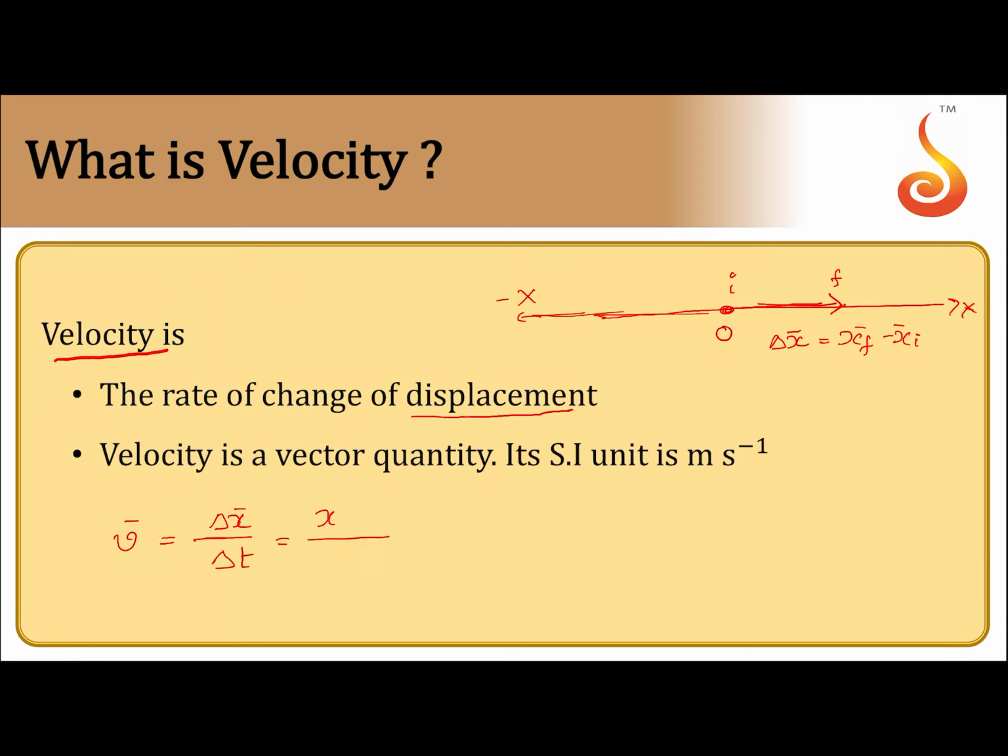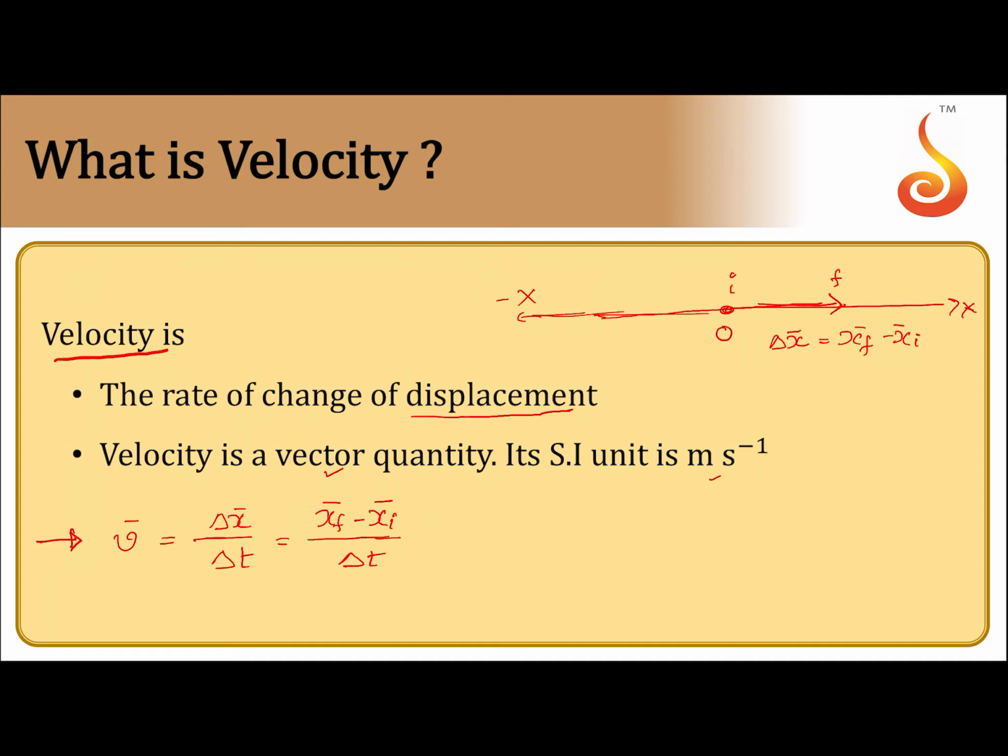Delta x is nothing but xf, final position, minus initial position, divided by time taken. You notice that it is a vector quantity and clearly its SI unit is meter per second. Thus, this equation gives the complete form of velocity.